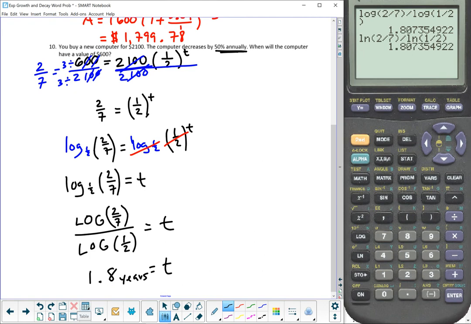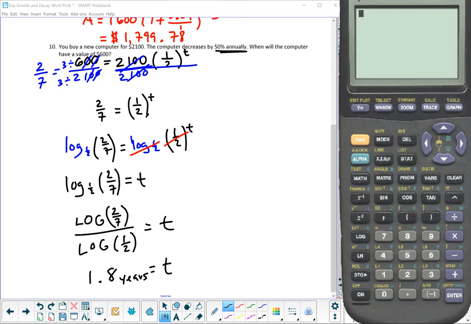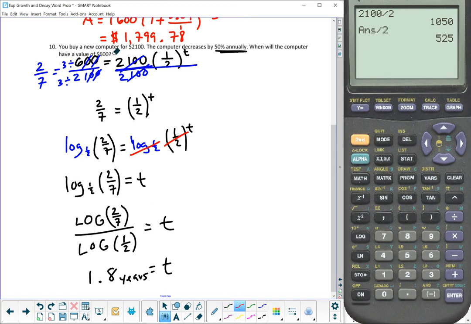Okay, and you can sort of do this, not exactly the same, on the calculator. You think about this, right? You bought a computer for 2,100, and it decreases in value by 50%. So that means that you divide it by 2, right? So after 1 year, it's worth 1,050. And if you divide it by 2 again, after 2 years, it'll be worth 525. But it's asking when is it going to be worth $600?